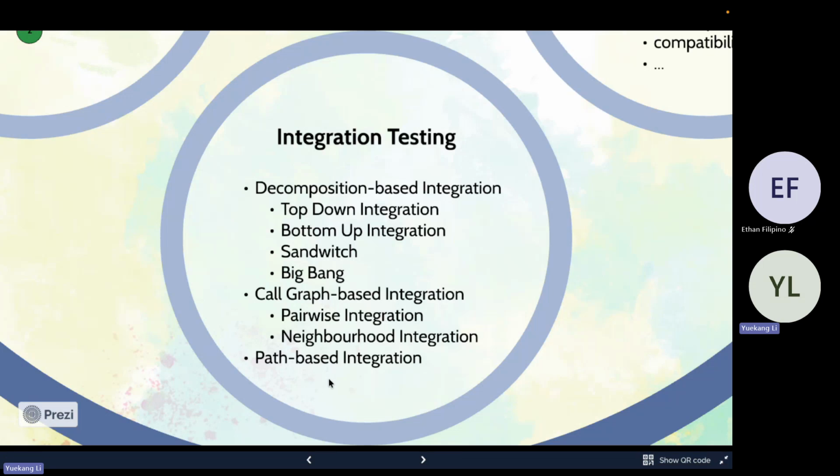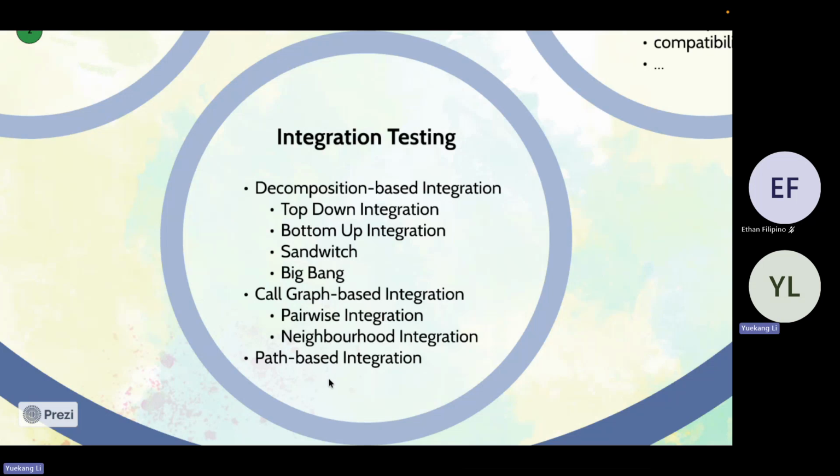And lastly, we can also try to do some path-based integration. And for integration testing, you are also required to know not only the concepts, but also try to explain what the differences are between each type of integration.